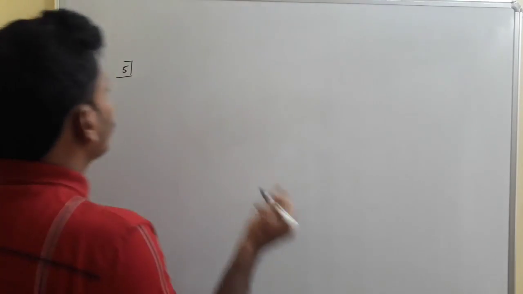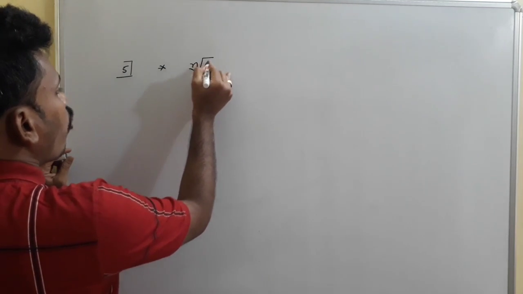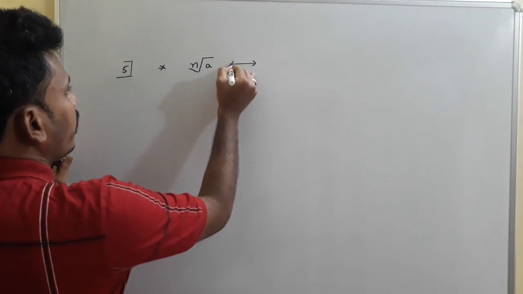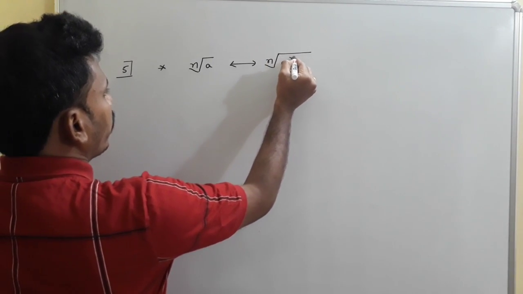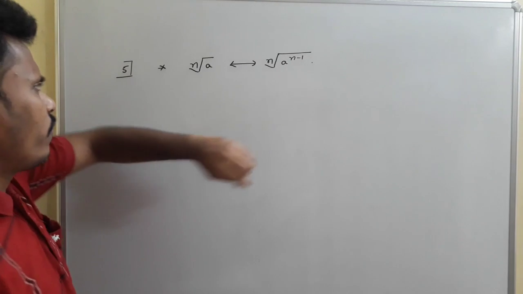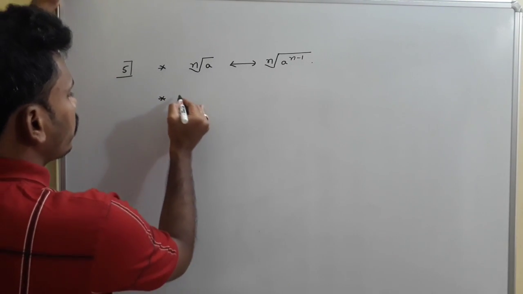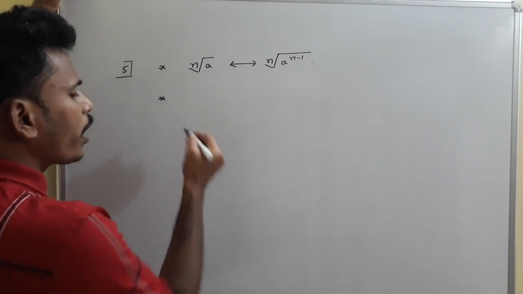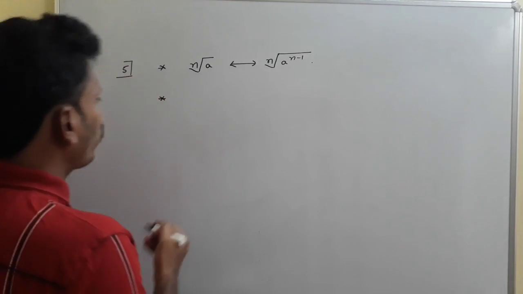As we discussed in the last class, if we have a set of the form nth root a, then its rationalizing factor is nth root of a power n minus 1. Now I am going to mention rationalizing factors for some binomial sets, and then some trinomial sets.